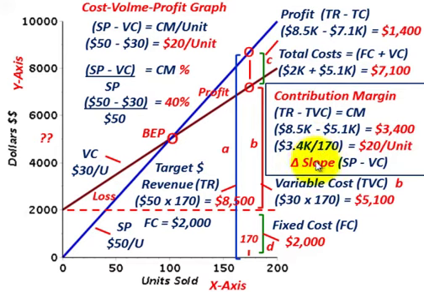You're looking at really the change in slope between your selling price and your variable costs. This is what we're looking at in terms of profit, the difference between our total revenues and our total cost.